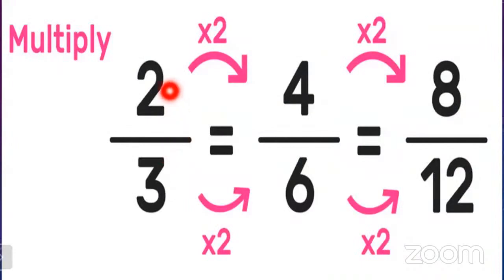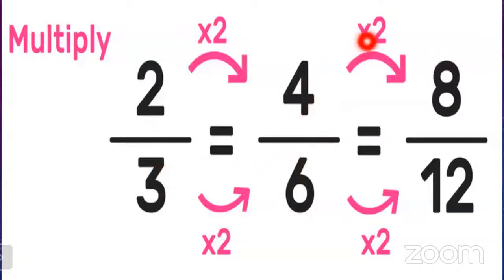Here is another example. Look at here. Here is 2 upon 3. This is one fraction, and if you multiply this denominator and numerator by the same non-zero number, 2 multiplied by 2 is 4, and 3 multiplied by 2 is equal to what? 6. So 4 upon 6 is the equivalent fraction to 2 upon 3. Now look at here.